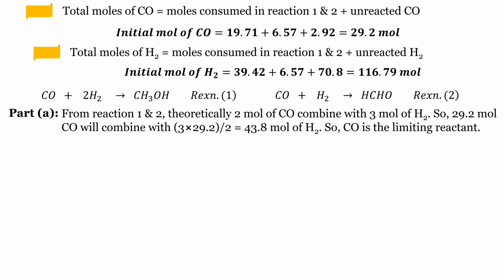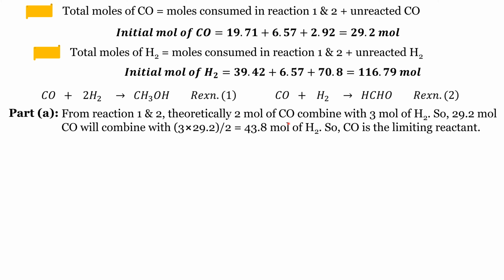So we can write that 29.2 moles of CO will combine with 43.8 moles of H2. So we have done a simple calculation. For example, 2 moles of CO combines with 3 moles of H2.